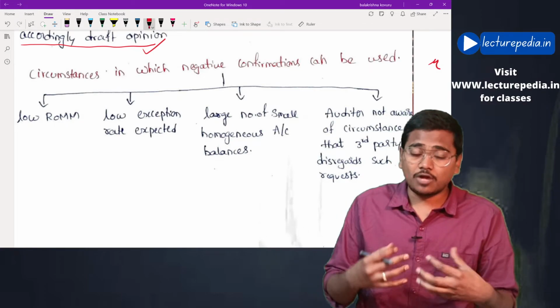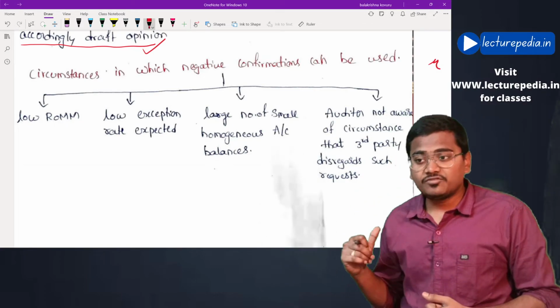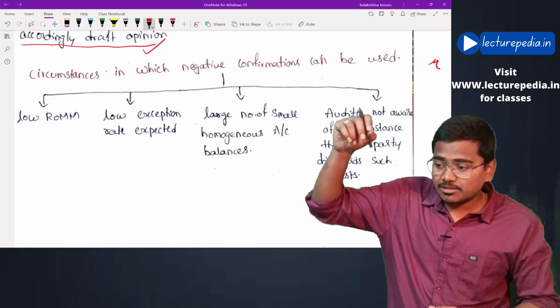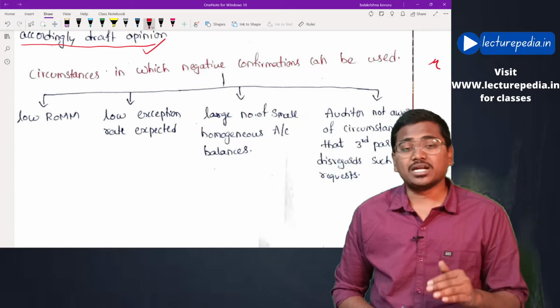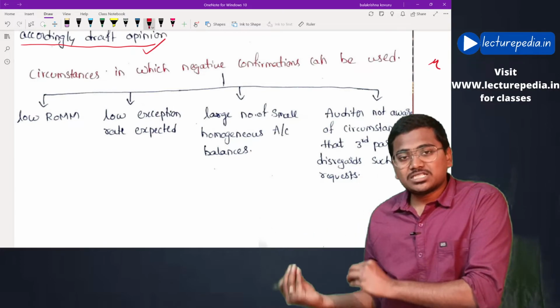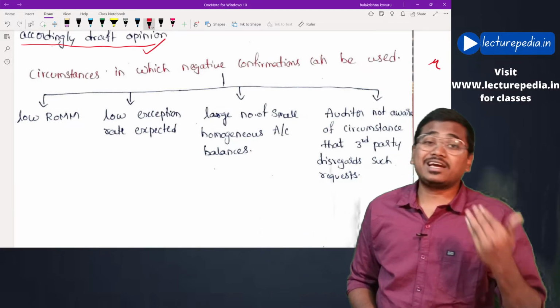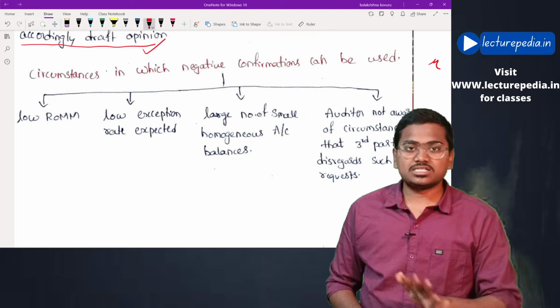However, it is not mandatory that if these situations are present, the auditor must send only negative external confirmation requests. But if these situations are present, the auditor can send a negative external confirmation request.